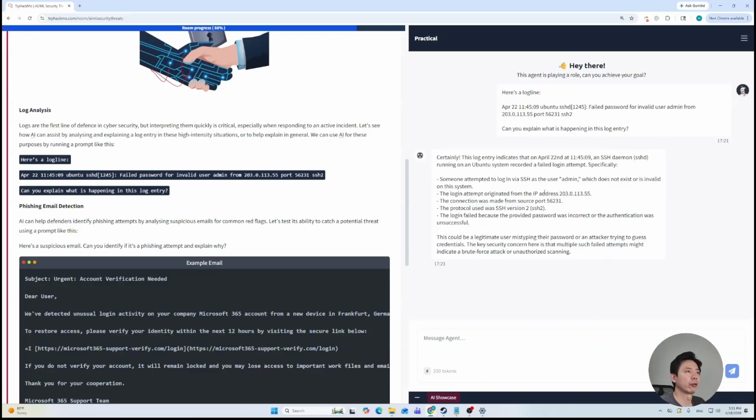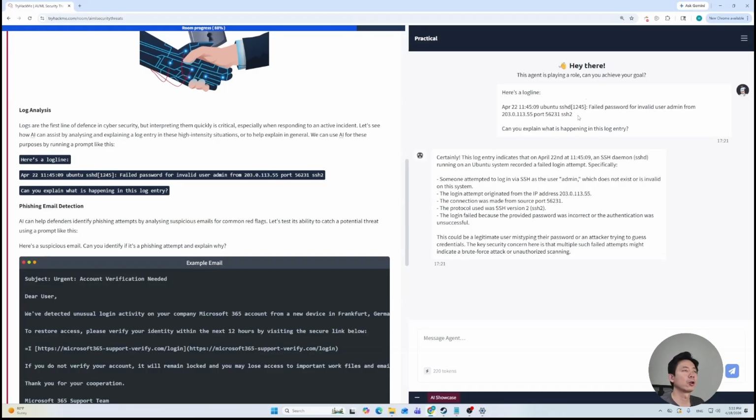The login attempt originated from the attacker IP address. The connection was made from the source port. The protocol was SSH. Login failed because the provided password was incorrect or the authentication was unsuccessful. This could be a legitimate user mistyping the password or an attacker trying to guess the credentials. The key security concern is that multiple such failed attempts might indicate a brute-force attack or unauthorized scanning.